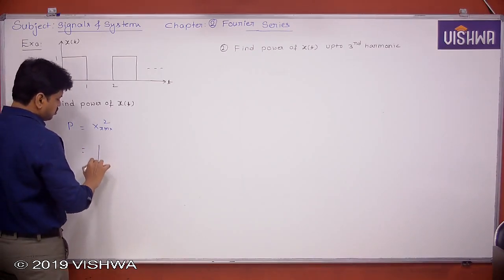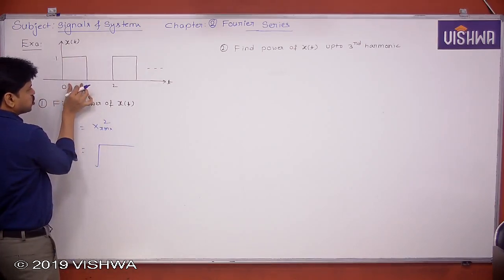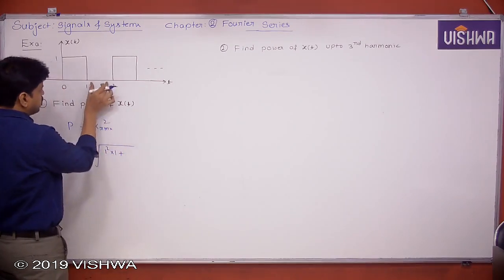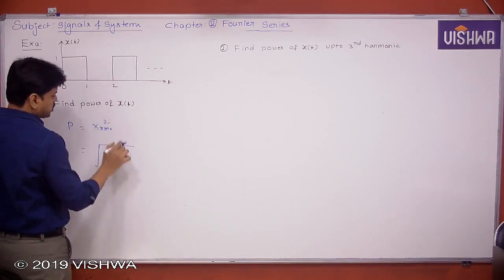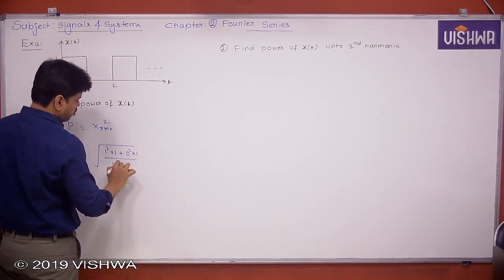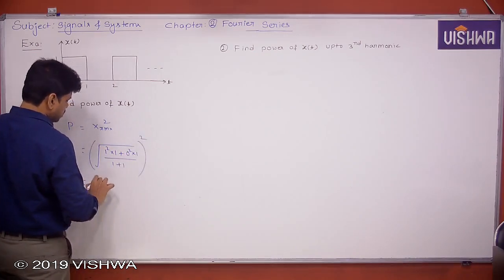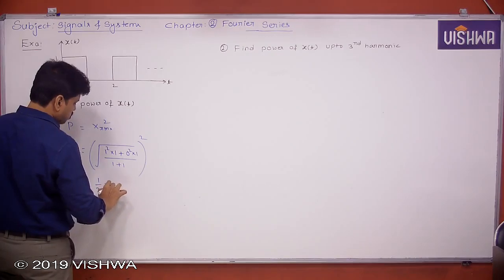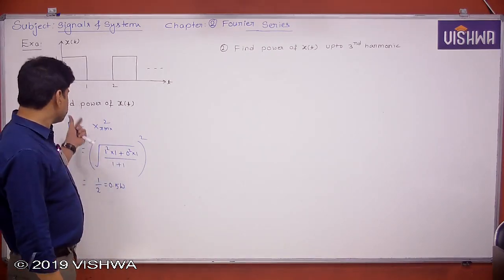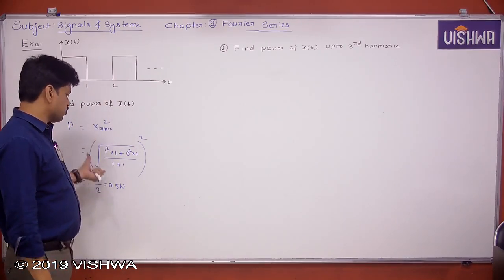Root of amplitude 1, and here the duration is 1, so 1 square into 1, plus the next amplitude is 0 for duration 1, 0 square into 1, divided by the total period, 1, whole square. So this is the formula. Directly this is going to give you 1 by 2, 0.5 watts. So this is the power of x of t. Directly we can use the formula x RMS square to find it.